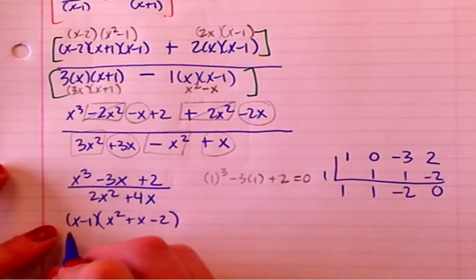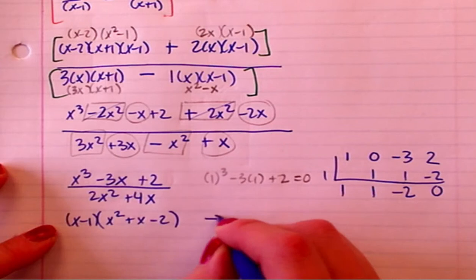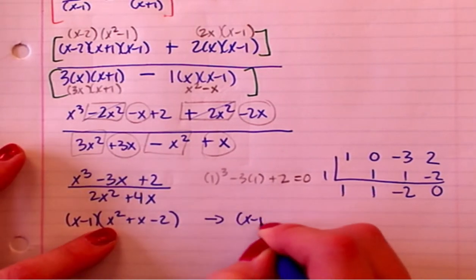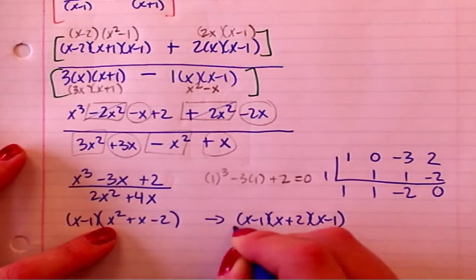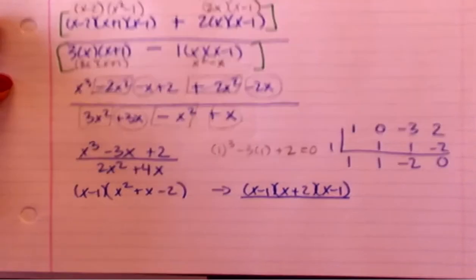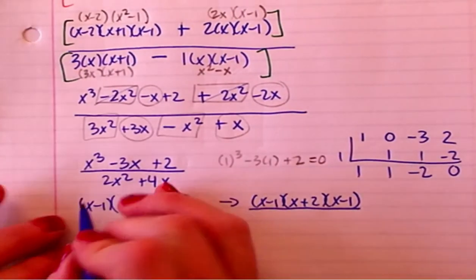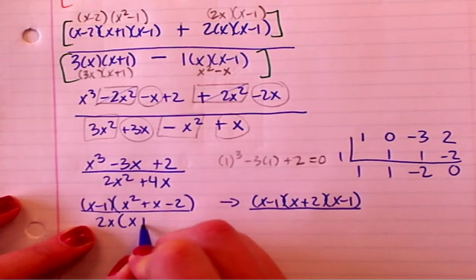Now it's quadratic. Does that factor any further? Yeah, it does. Now, if you did the problem in a slightly different order, it should start looking like what we have here. And now I'm going to factor this denominator, which is a GCF of 2x.